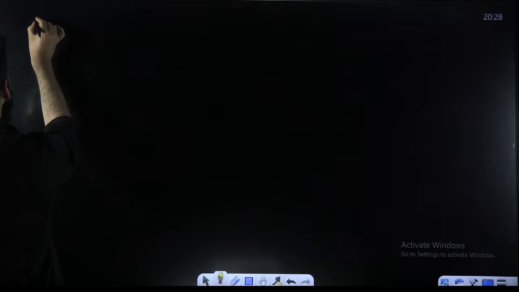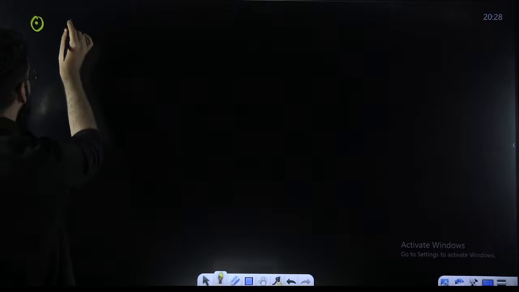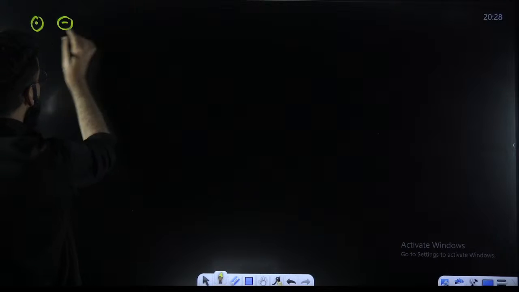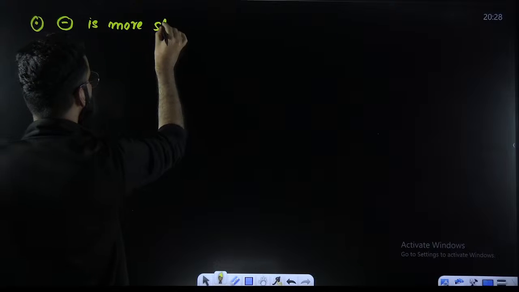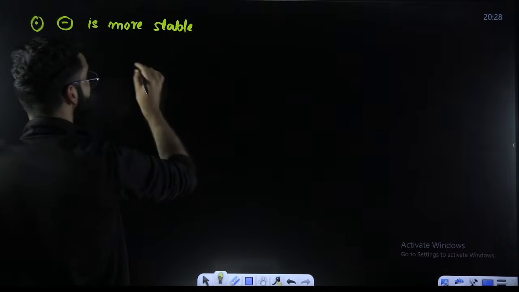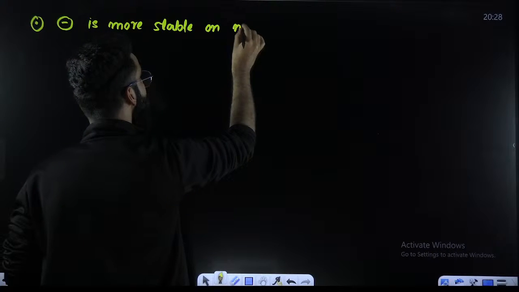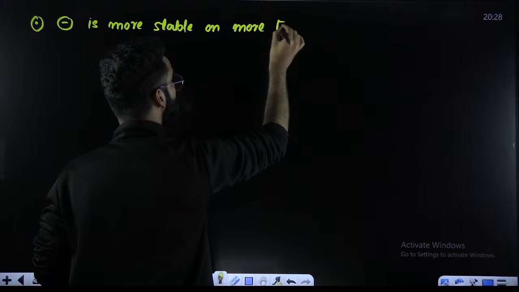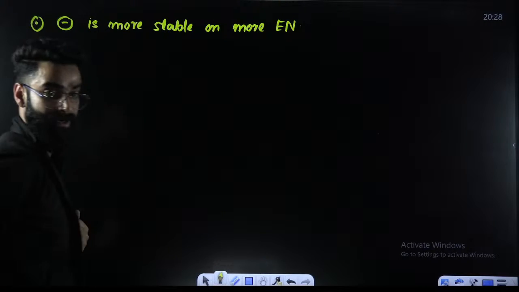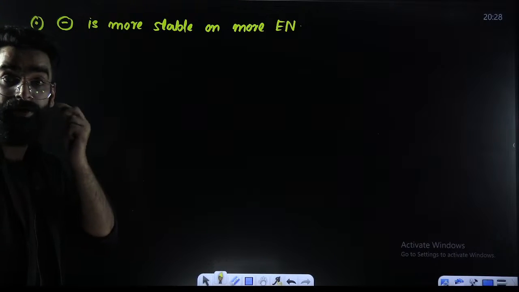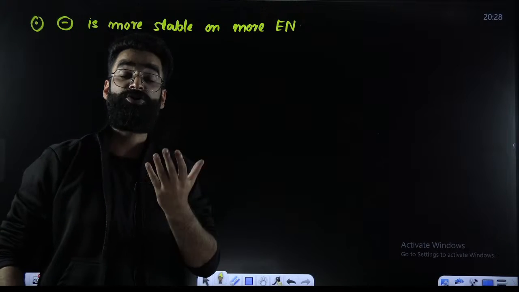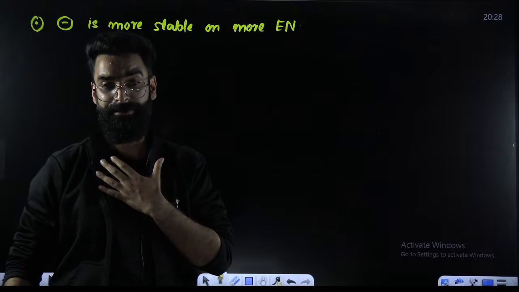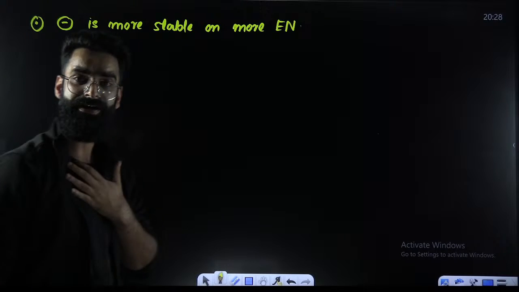The first point is that negative charge is considered to be more stable on more electronegative element. Why? Because more electronegative element has got more negative charge holding capacity. I told you already, right?